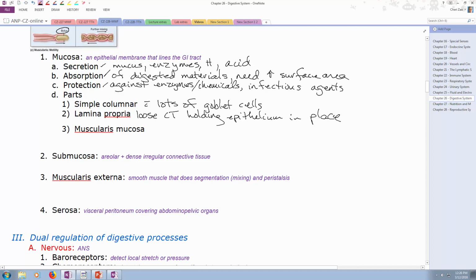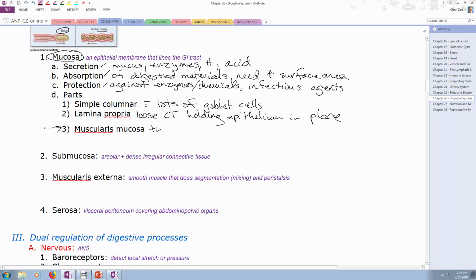And what's interesting, because this is part of the mucosa, there is a little teeny tiny thin layer of smooth muscle, and we call that muscularis mucosa because it is with the mucosa. It's actually part of it.